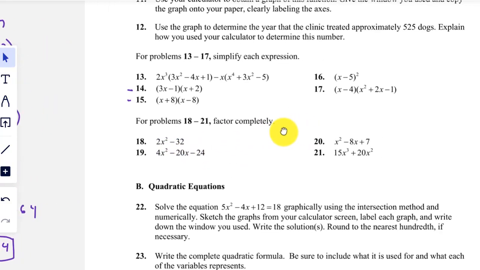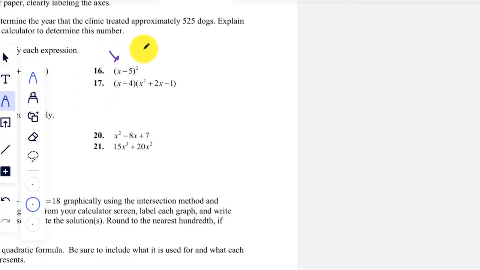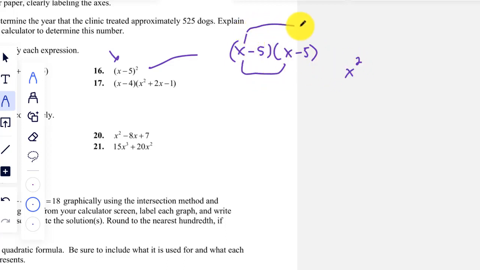So let's take a look at number 16 and 17. So 16 is just repeated multiplication, right? So this becomes x minus 5 times x minus 5. And again, if we use FOIL, first, outer, inner, and last.